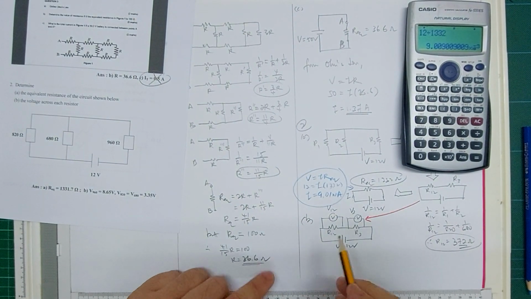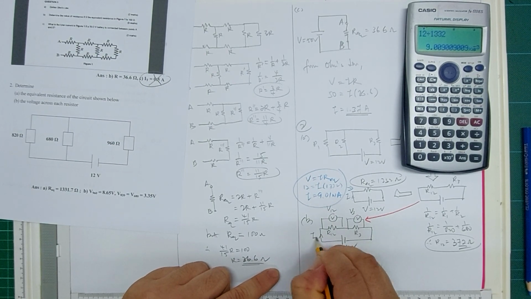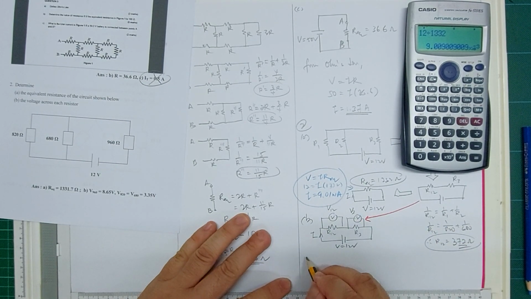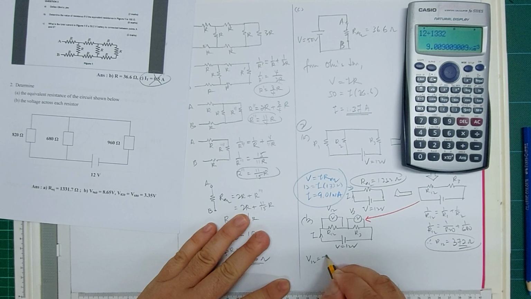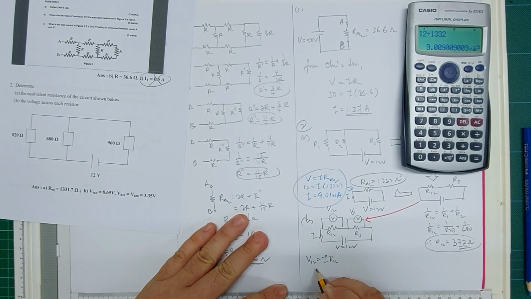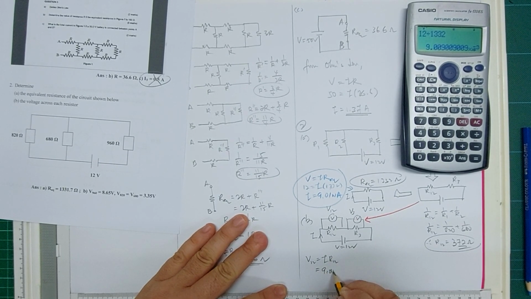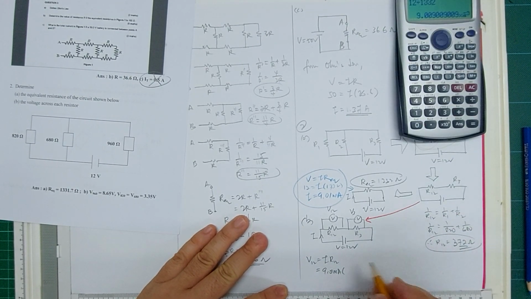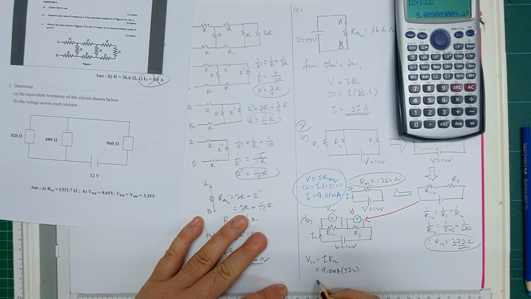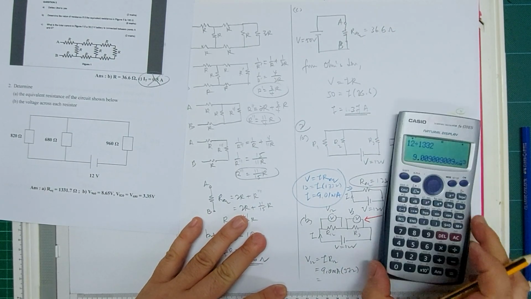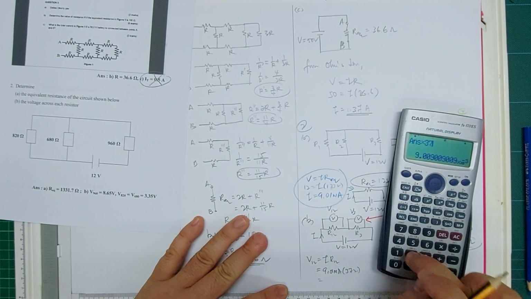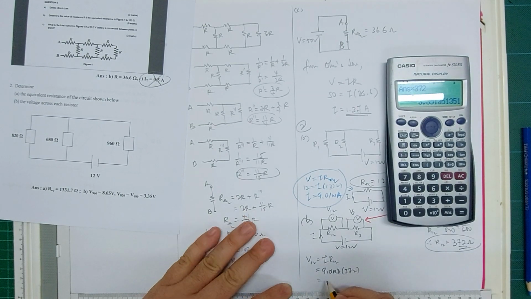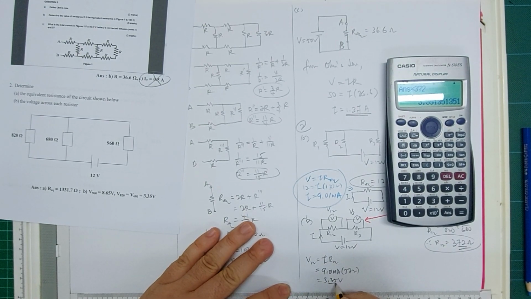Now we already have the current I passing through each of them, so you can calculate V12 equals I multiplied by R12. So we have 9.01 milliampere multiplied by R12. R12 is 372. So multiply by 372, and we got 3.35 volt.